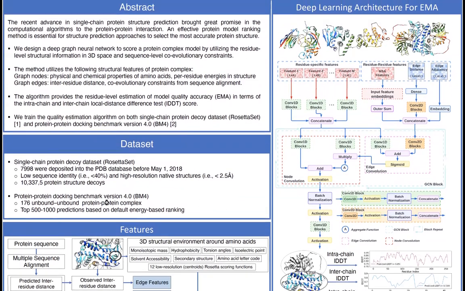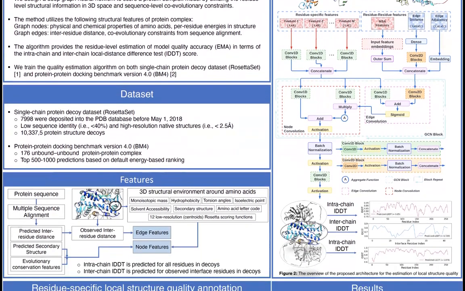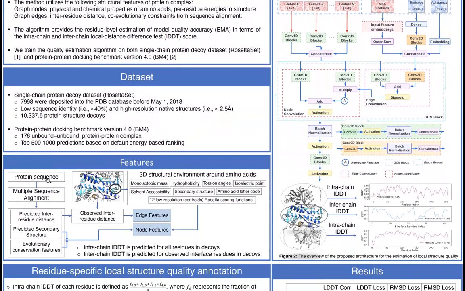In order to generate features, we utilize sequence features and structural features. For the sequence features, we first generate multiple sequence alignments for every individual sequence chain in either single chain proteins or complex proteins. For single chains, we can generate predicted inter-residue distance, predicted secondary structures, and evolutionary conservation features.